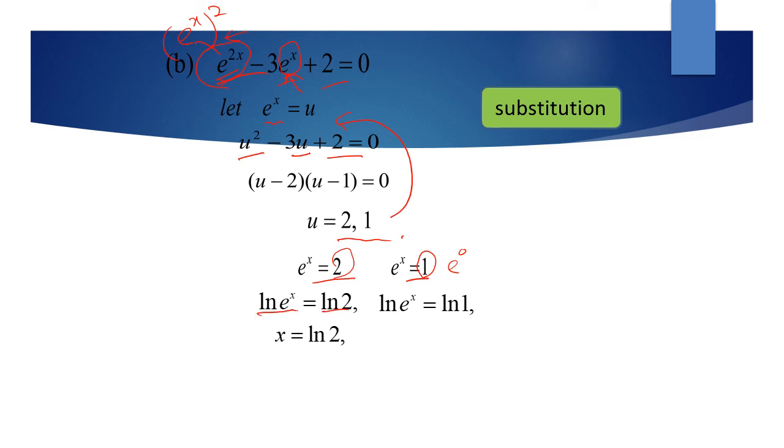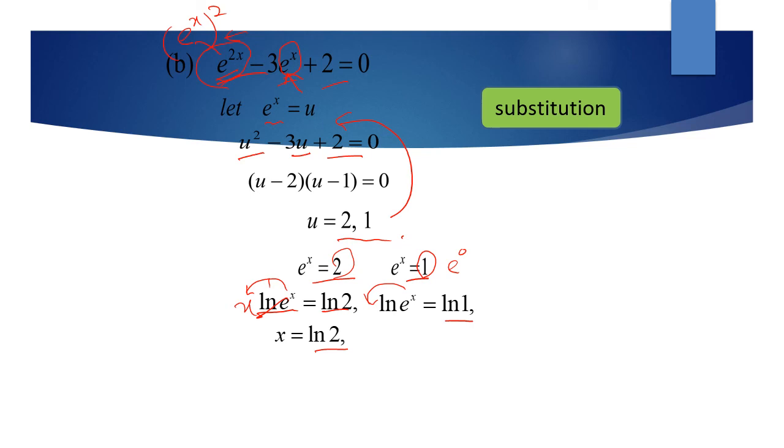For this part also, natural log of e to the power of x equal to natural log of 1. What is natural log of e to the power of x? We can bring the x as the coefficient in front of the log. So we have x natural log e, which is equal to 1. So x directly equals natural log 2. How about this one? The same as the first part.